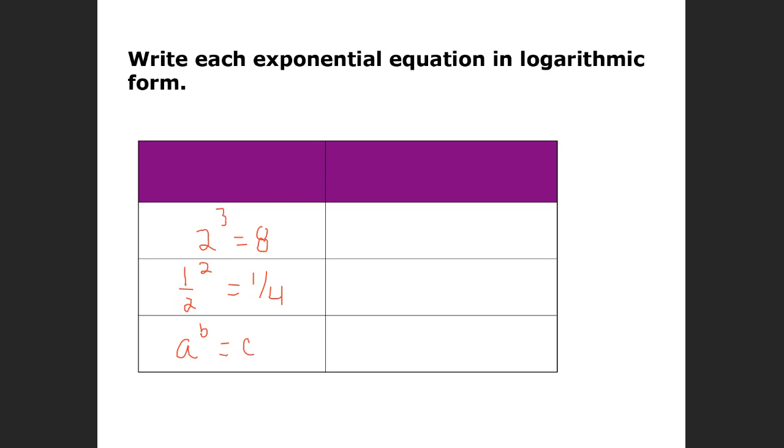I want to write those as logarithms. So this would be the log base 2 of 8 is equal to 3. This would be the log base 1/2 of 1/4 is equal to 2. And this would be the log base a of c is equal to b. So you should be able to write an exponent as a logarithm.